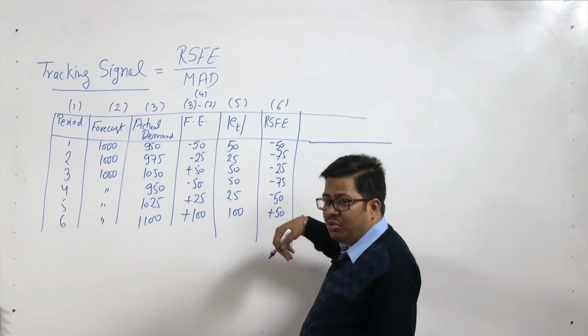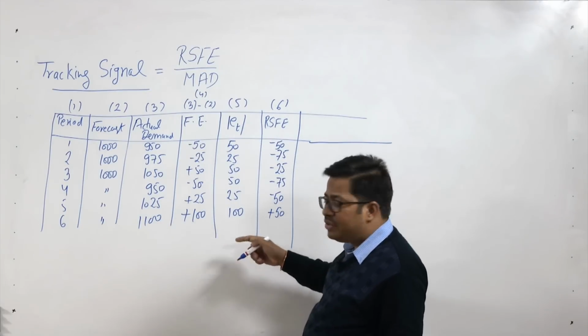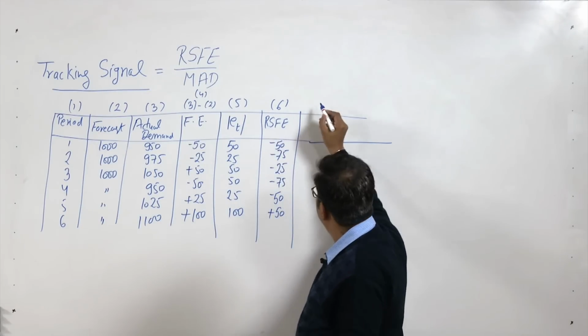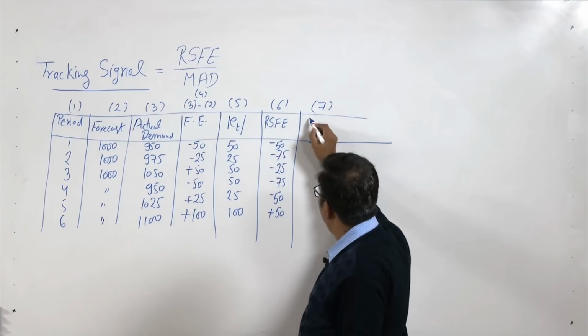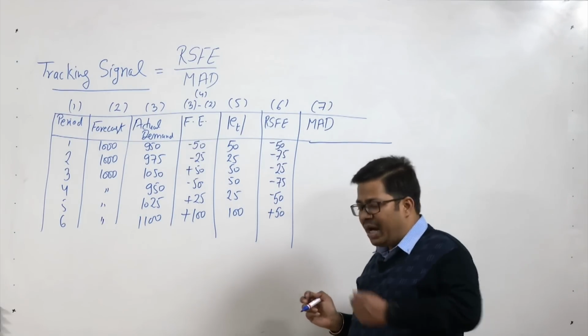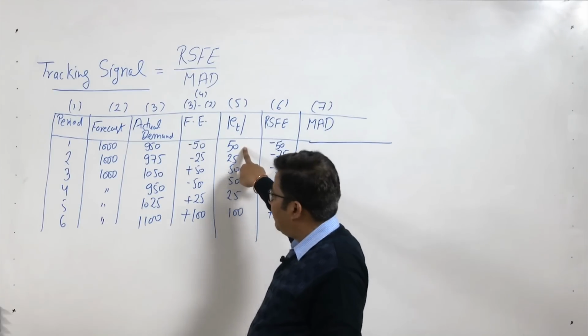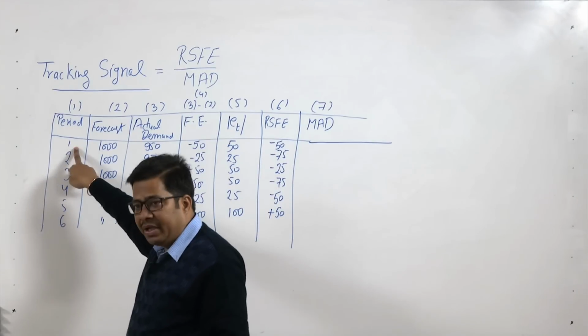Then you also calculate your MAD with the help of these absolute error values, that is your column number 7. Now, what is the MAD? MAD is actually the sum of absolute errors divided by the number of periods.